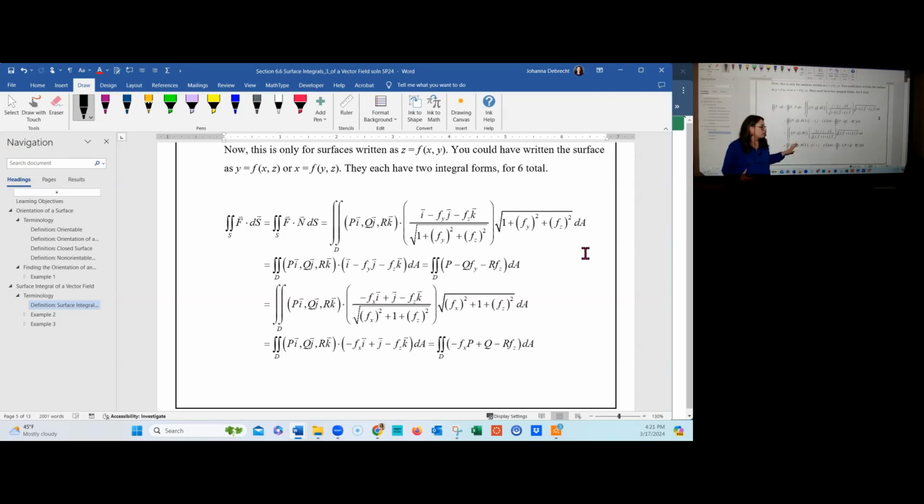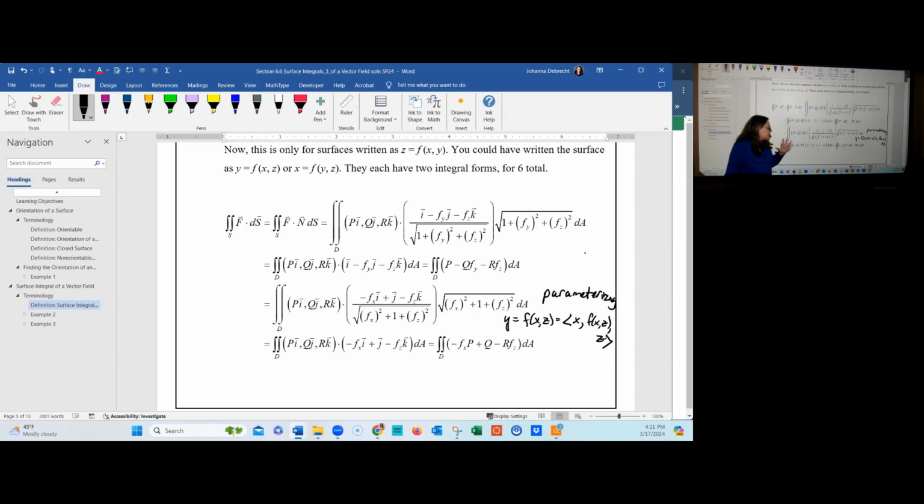So in our parameterization, we would have had out here to the side, and let me make note of this, this is where we're parameterizing. We have the parameterization y as a function of x and z, which is equal to x, f of x z, and z.